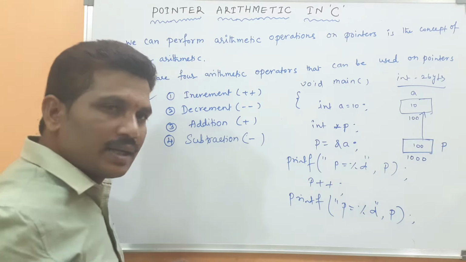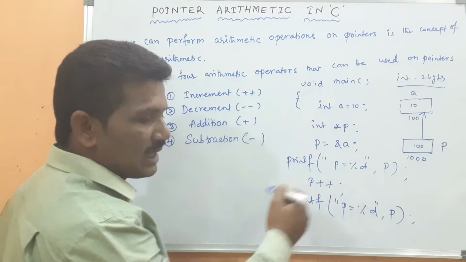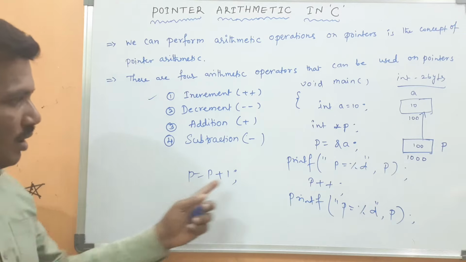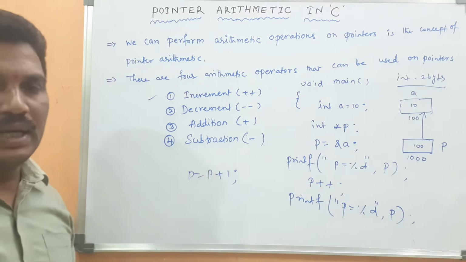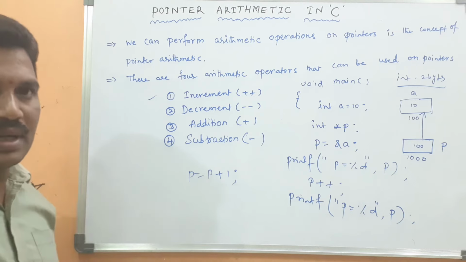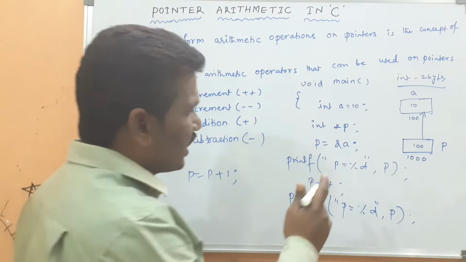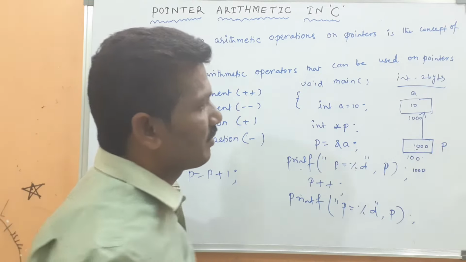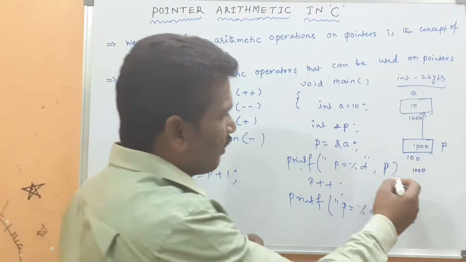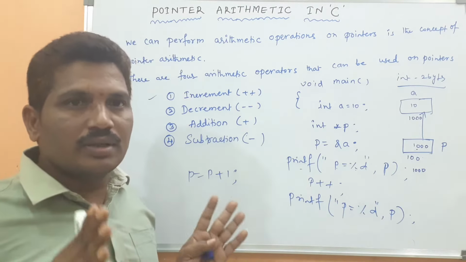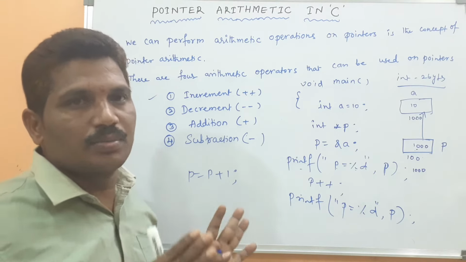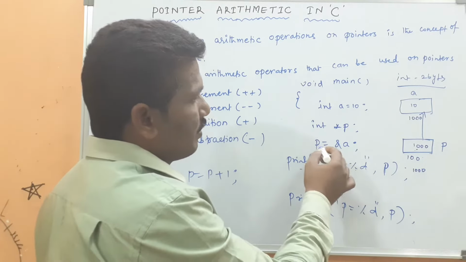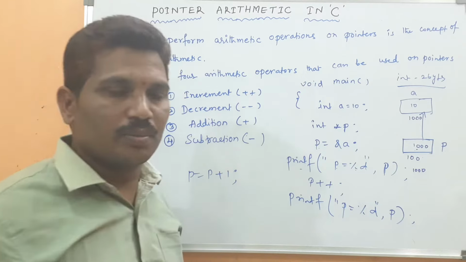How is the pointer incremented? P plus plus means p equals p plus 1. The pointer variable gets incremented by 1. Suppose the pointer address is 1000. The address stored in the pointer variable is 1000. Please, this is a slightly confusing concept in C programming, so please listen carefully. Up to this point everybody got it, because the address 1000 has been stored in the pointer variable p.